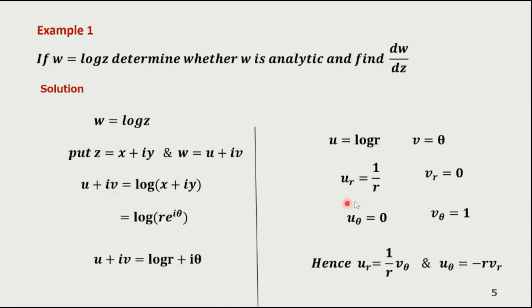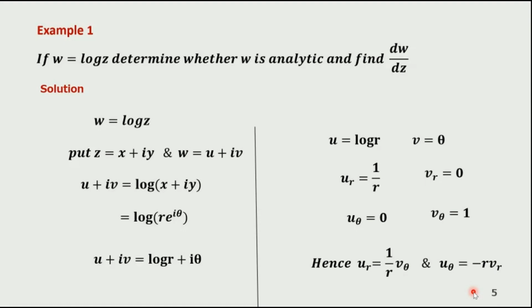Is it equal here? u r is 1 by r, and if I multiply v theta by 1 by r, that is also the same. Similarly, u theta should be equal to minus r v r. Here both are equal to 0, so they are equal. So the CR equations are satisfied. So we can see the function is analytic.